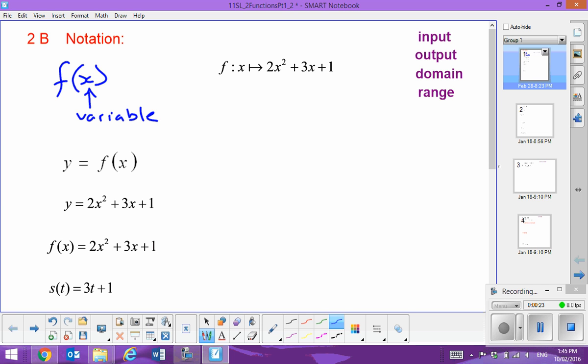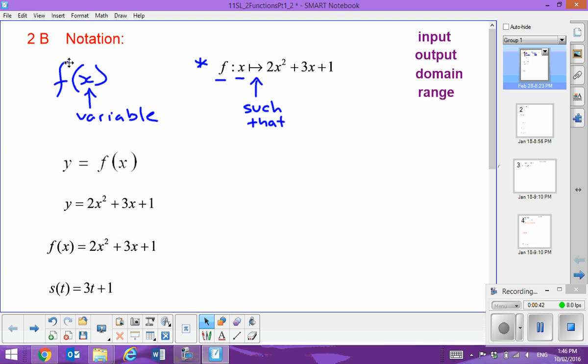Sometimes you'll see it written in this form, where we're saying we have a function, the variable is x, such that, and that's what that symbol means, such that the x becomes 2x squared plus 3x plus 1.